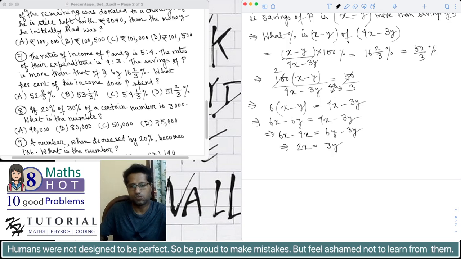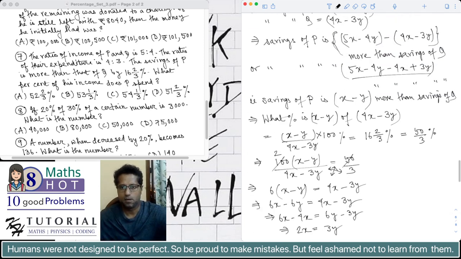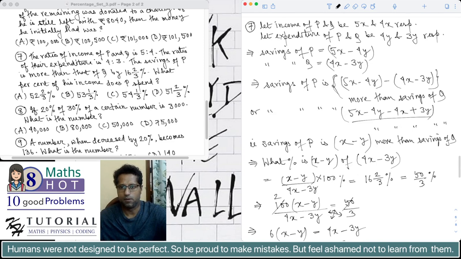Okay. So now we can say that this implies P's expenditure. Now that we know 2x is equal to 3y, let's see what P's expenditure is. We know that P's expenditure is 4y.